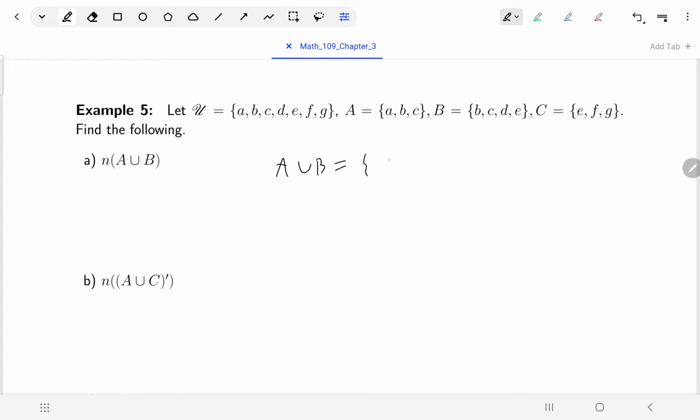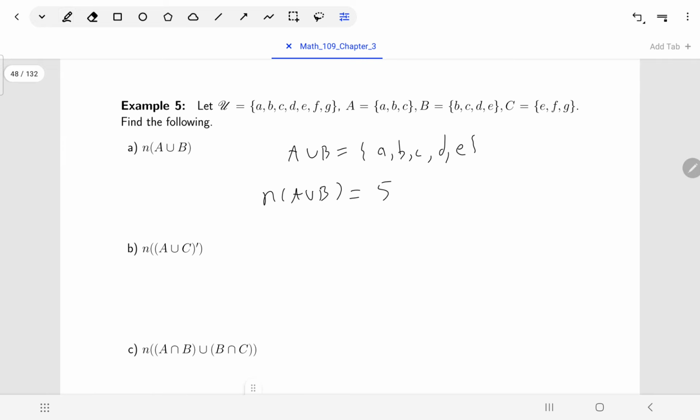A has an A, B, and a C in it, and B has a B, C, D, and an E. I've already got the B and the C listed, so D and E. If you now asked me how many things are inside of A union B, I just need to count, and it adds up to 5 things. So the number of things in A union B is 5.